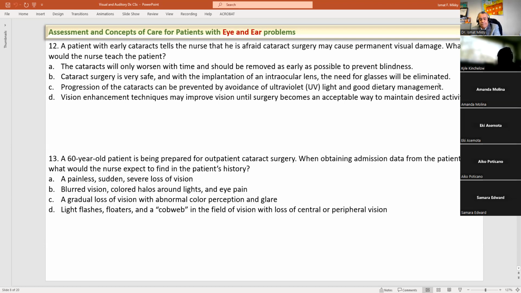What do you tell the patient? A. So vision enhancement.